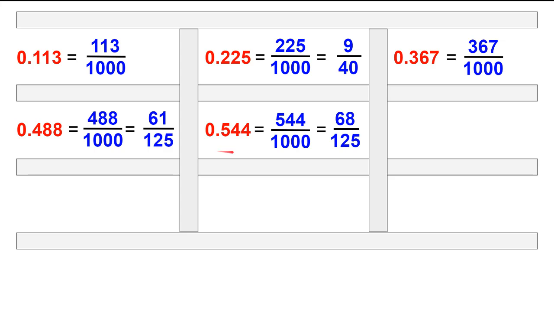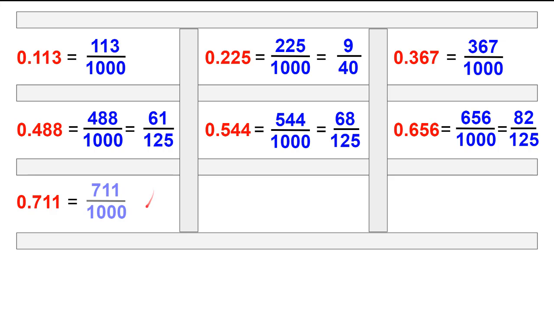Divide them both by 8 and you get 68 over 125. This is the simplified fraction of 0.544. 0.656 is 656 over 1,000. Divide them both by 8 and you get 82 over 125.